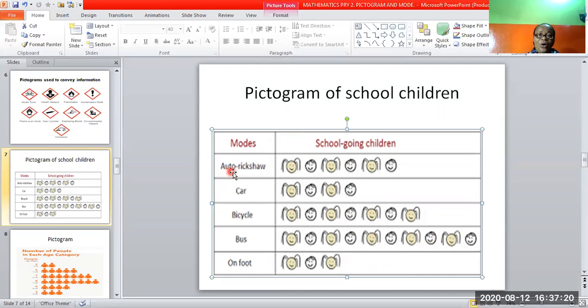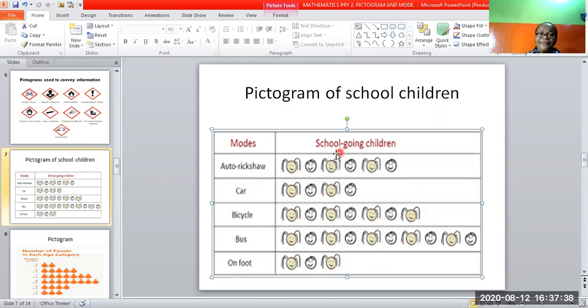So we have the auto rickshaw, the car, the bicycle, the bus, and on foot. These are the modes of transportation for school-going children, according to this pictogram.